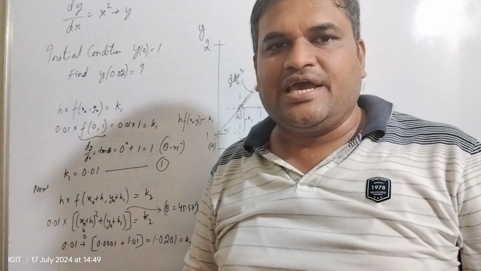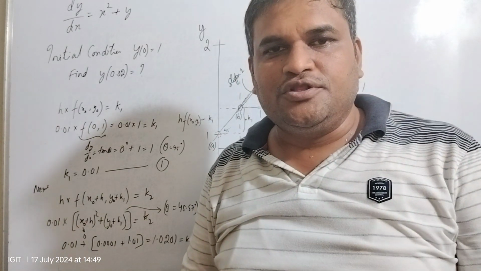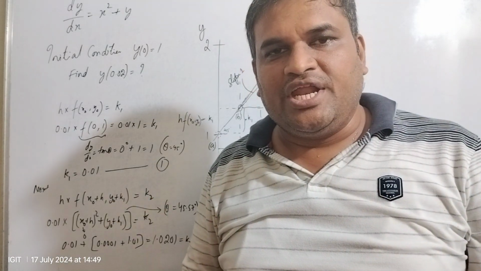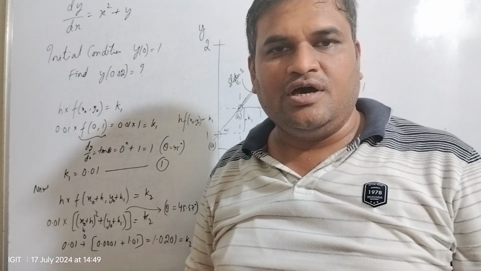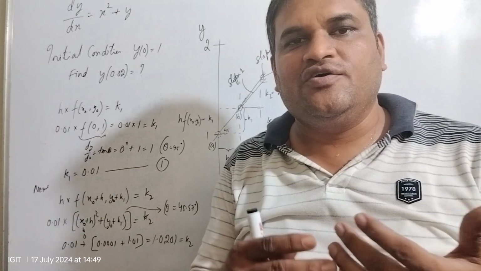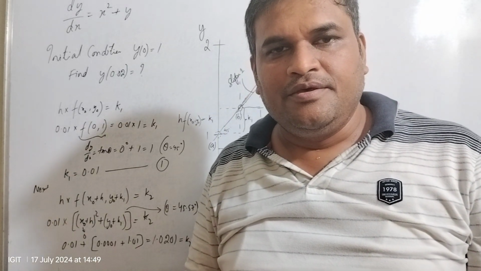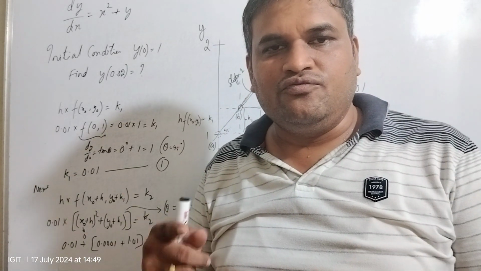And this is not only second order, we can go for third order and fourth order. Depending on the number of variables, the order may change. Suppose we have 4 different variables, we will go for the fourth order Runge-Kutta method. In that way we will get a new value of k.